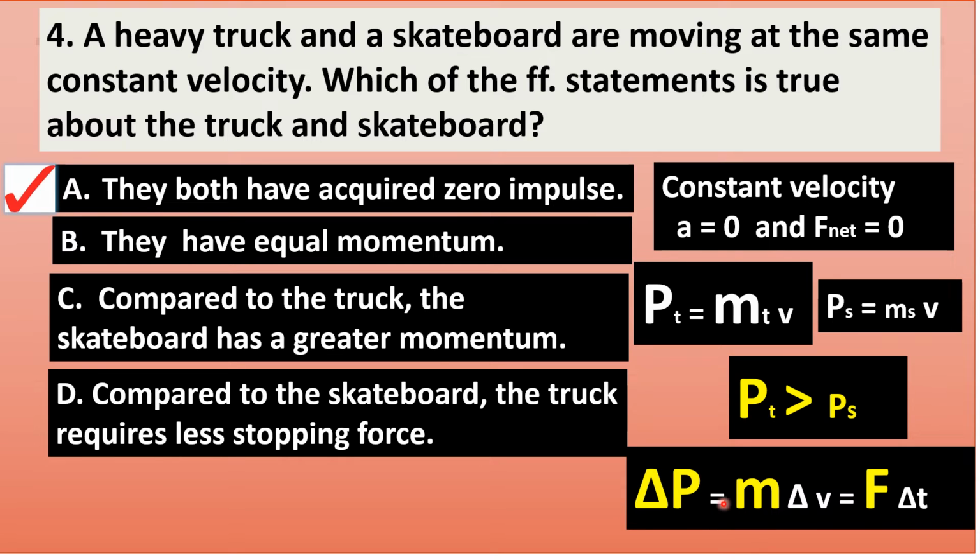So according to this formula, change in momentum is equal to the product of the mass times the change in velocity, which is also equal to the impulse. The product of force times time is known as impulse.